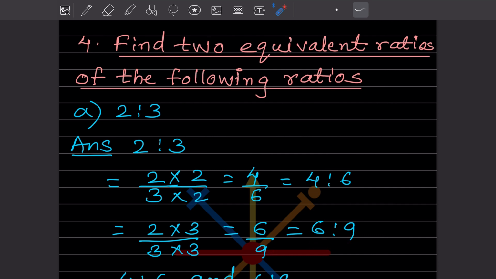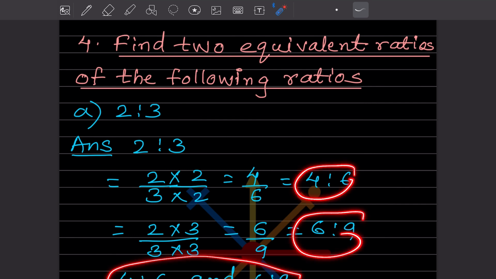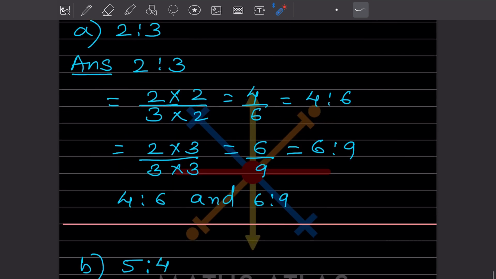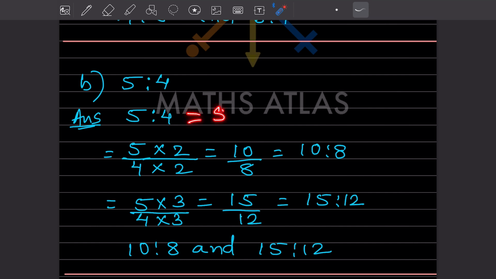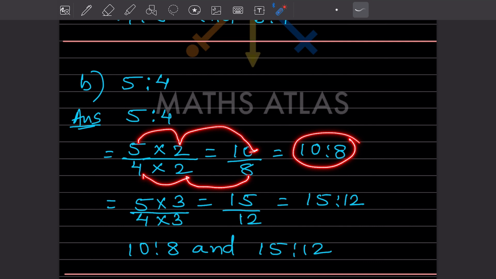So which are the two equivalent ratios? Whatever it is, we are going to write it over here. Hope you got it. Now same for 5:4. So what is this? This is nothing but 5/4. So 5/4, you are going to multiply by 2. 5 into 2 is 10, 4 into 2 is 8, which is nothing but 10:8.